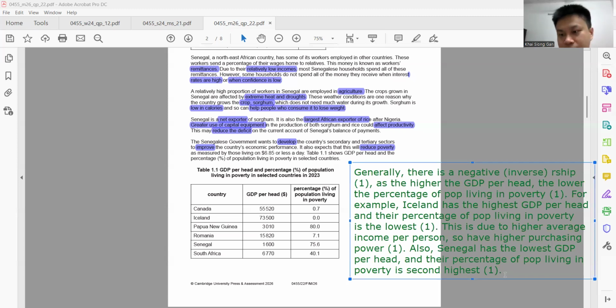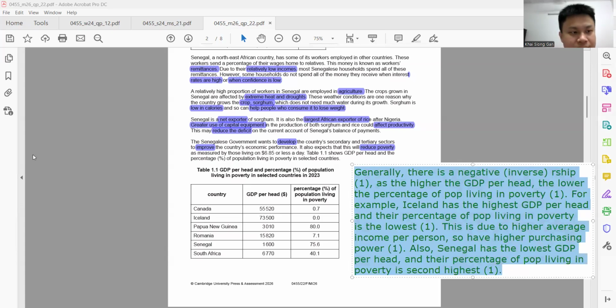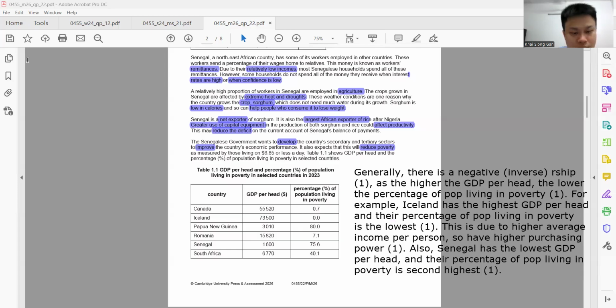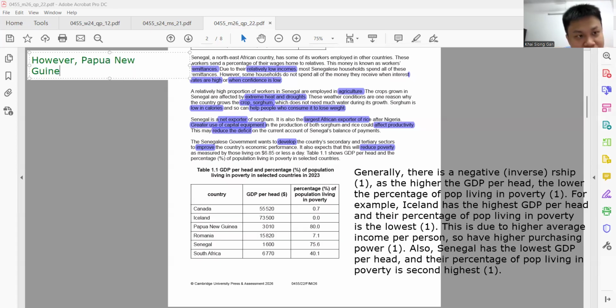Let me use black color, better, easier to see. Then I continue. However, Papua New Guinea is the exception. You identified correctly already.